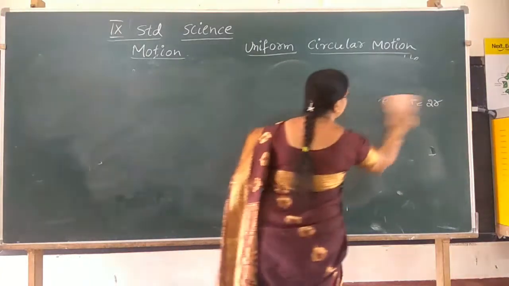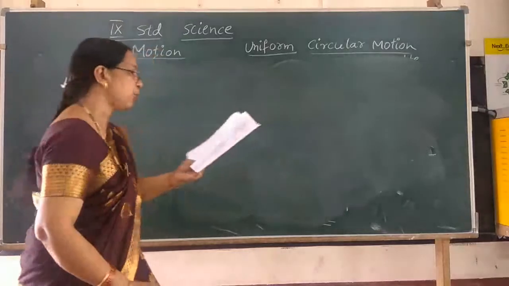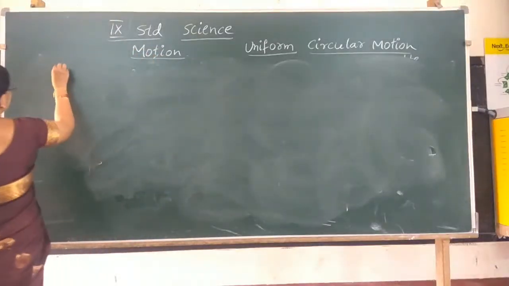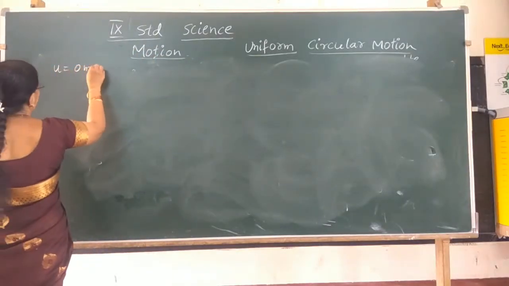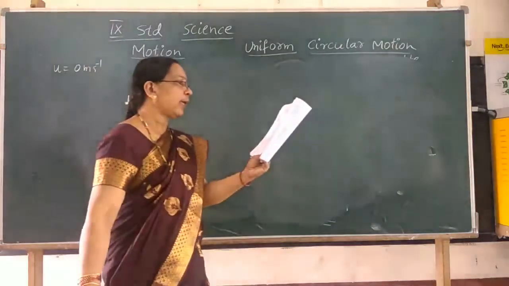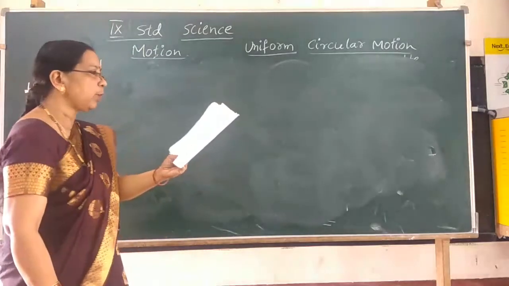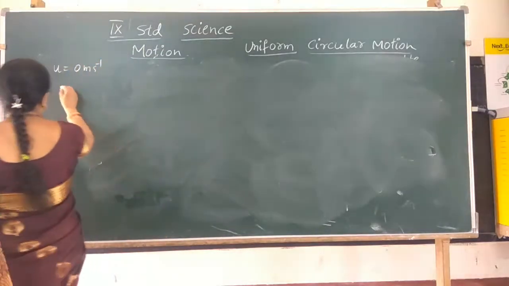Now let us write the data given. See here, a motorboat starting from rest means u is equal to 0 meter per second, and it accelerates in a straight line at a constant rate of 3.0 meter per second square.